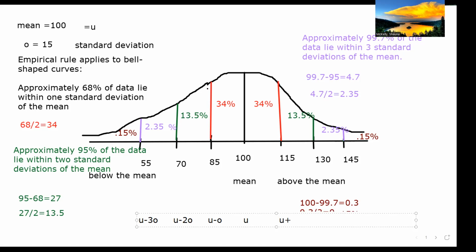And then we have mu plus 2 sigma here. And we have mu plus 3 sigma over here.